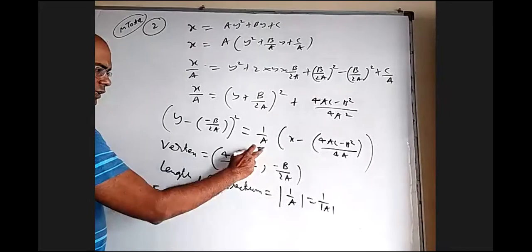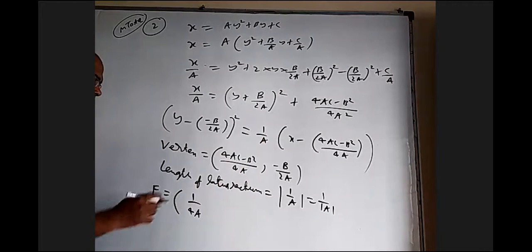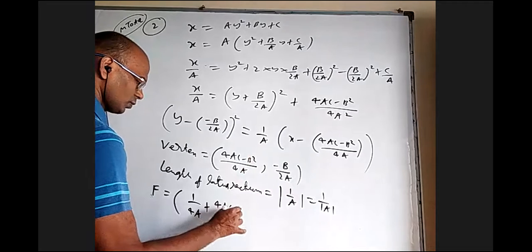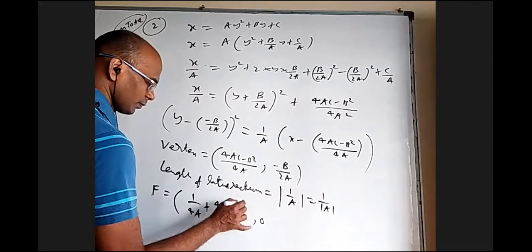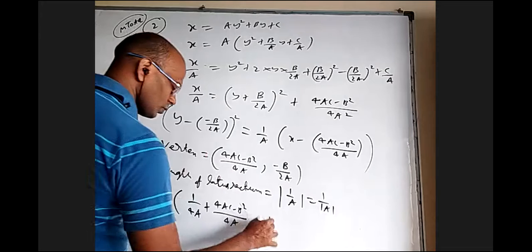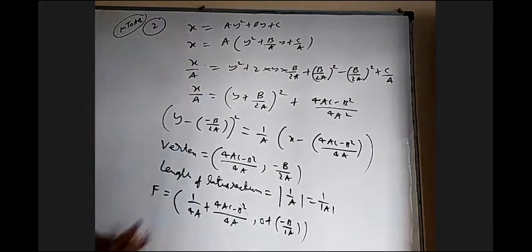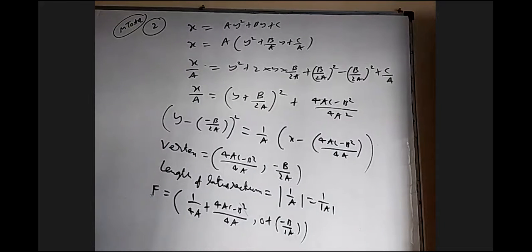So first of all, this is 4a, so a I have to write as 1 by 4a, plus h, which is (4ac minus b square) by 4a, comma 0 plus k, k is minus b by 2. Normally (a, 0) translated. Directrix, normally x plus a equal to 0. Now x minus h plus a equal to 0.